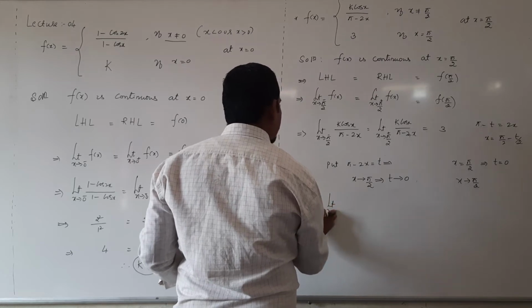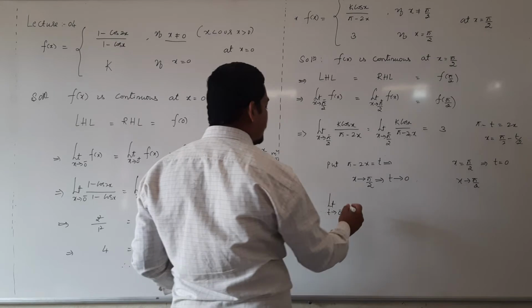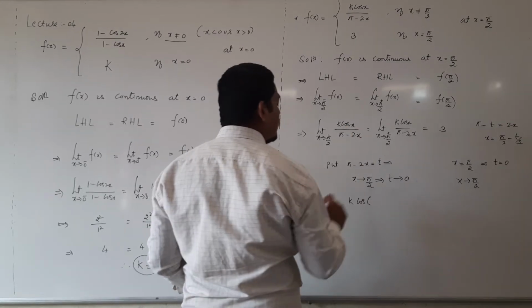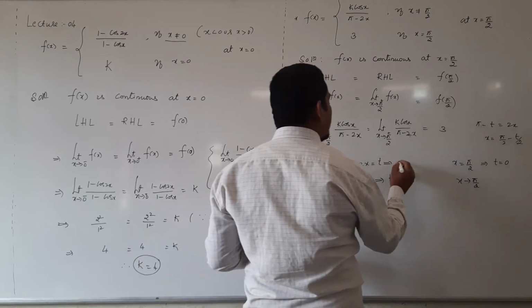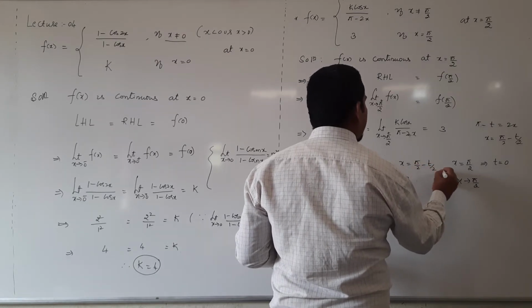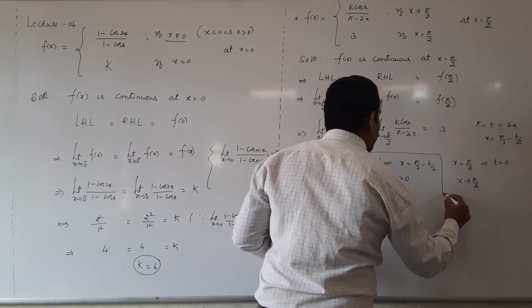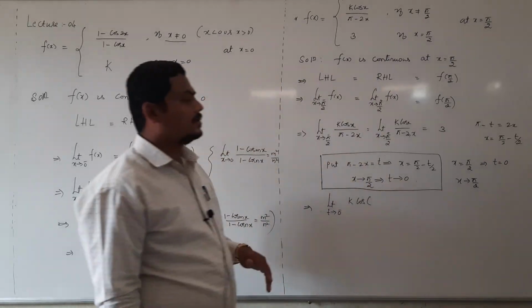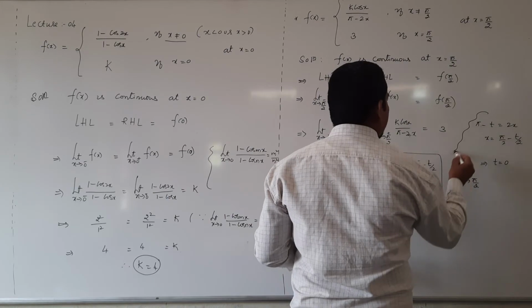This limit becomes in terms of t. Limit t tending to 0 minus k into cos of, what is x value? x equal to pi by 2 minus t by 2. This is our substitution. This is rough work.